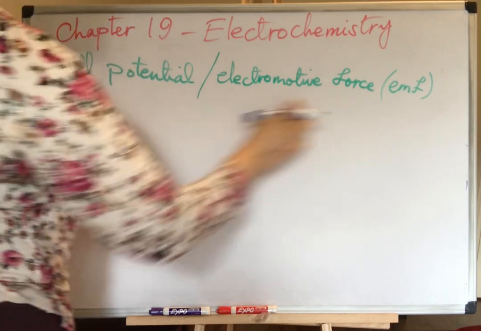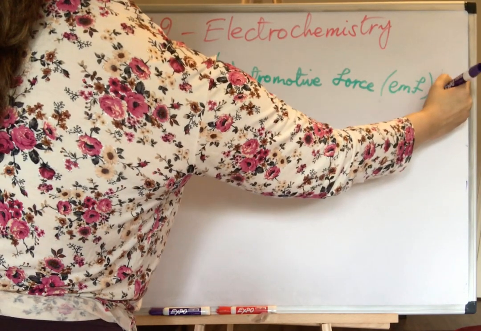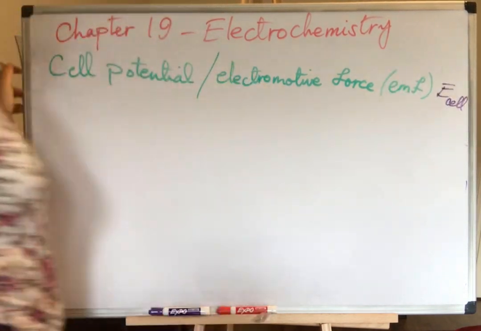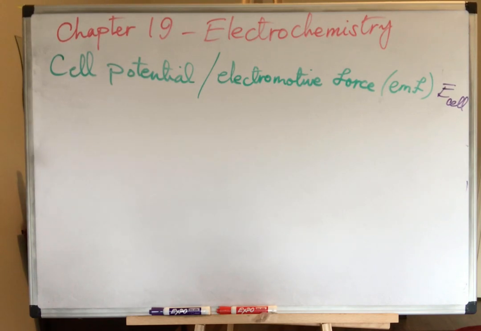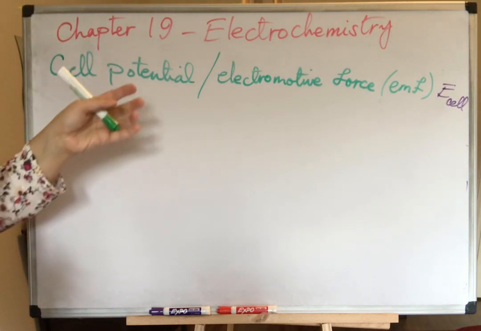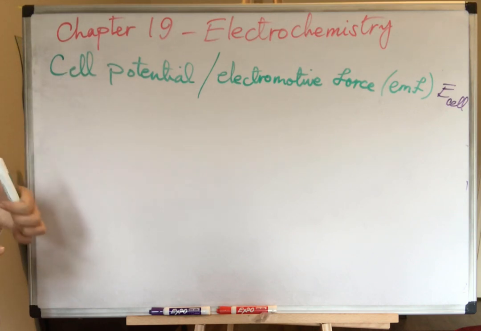Let me just write it here. It is E cell. We can determine it with a digital voltmeter.